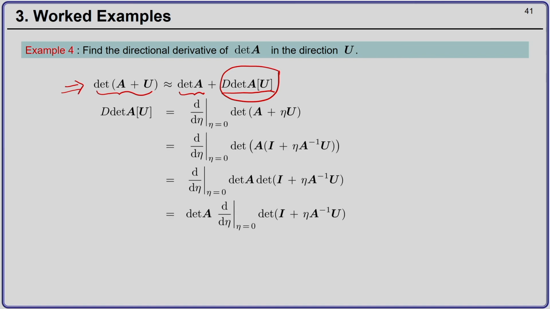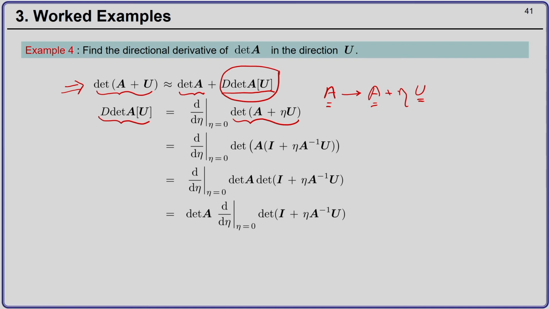So, we start with our usual definition of finding the directional derivative, which is the directional derivative of determinant of A in the direction of u is nothing but d by d eta of determinant of A plus eta u. So, we replace A by A plus eta u.